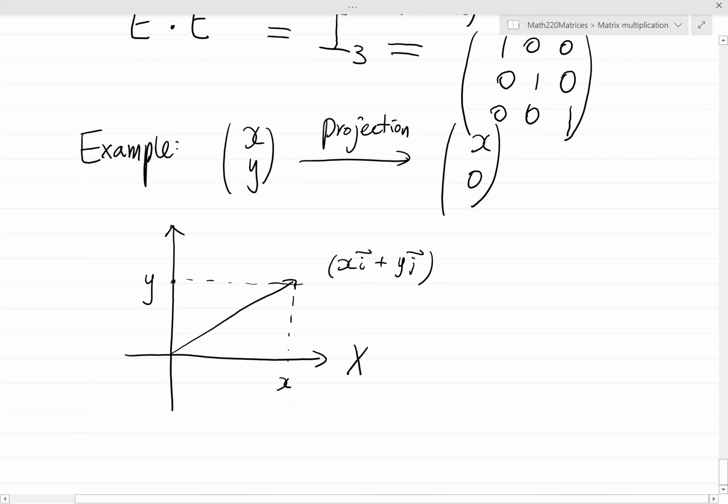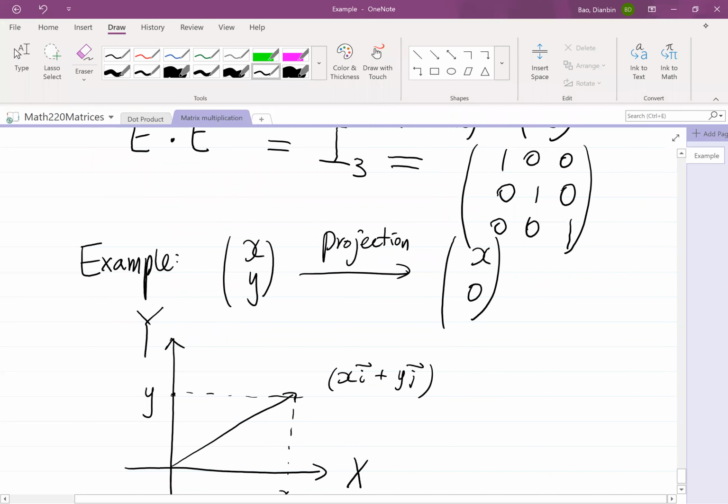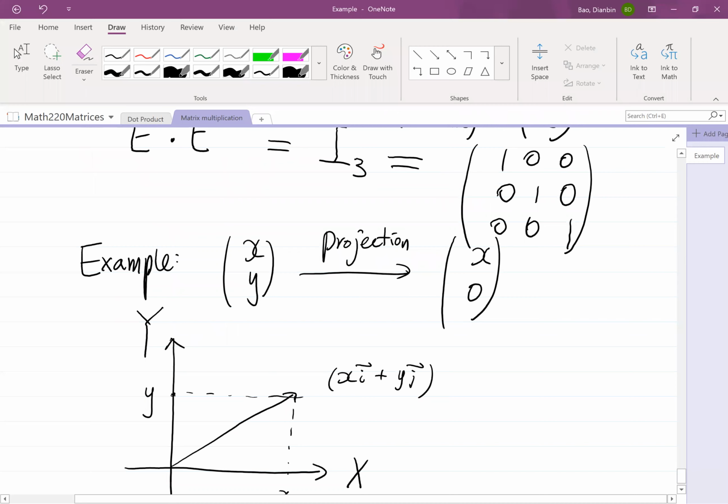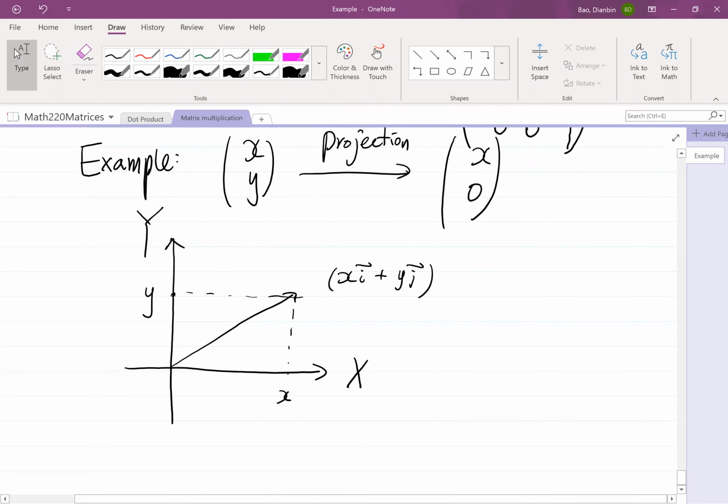This is the X-axis, this is the Y-axis. Now you see the output of this vector, let's use a color, the output is XI. XI is exactly this direction. So it projects the vector onto the X-axis.